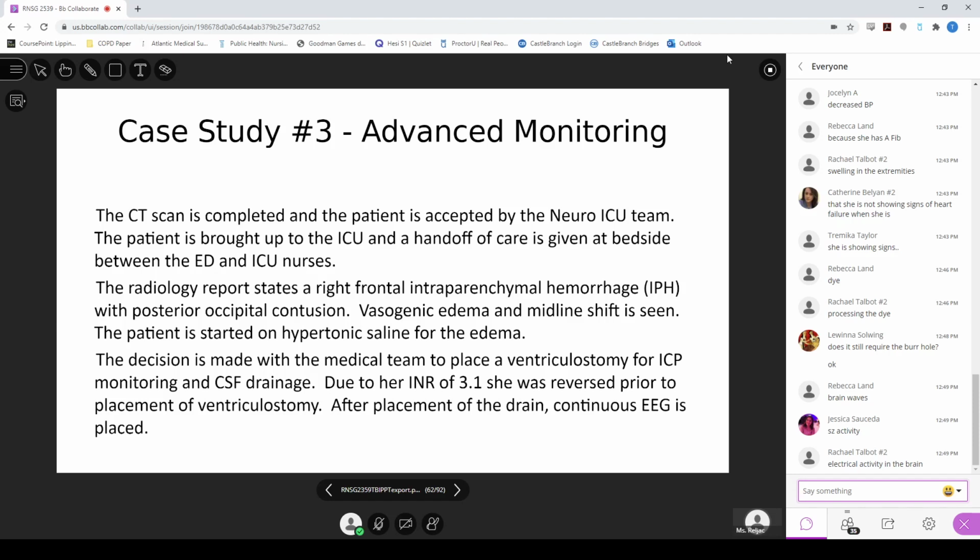The patient is started on hypertonic saline for the edema, and the decision is made with the medical team to place a ventriculostomy for ICP monitoring and a CSF drain. Due to her INR of 3.1, she is reversed prior to placement of the ventriculostomy. After placement of the drain, continuous EEG is placed.